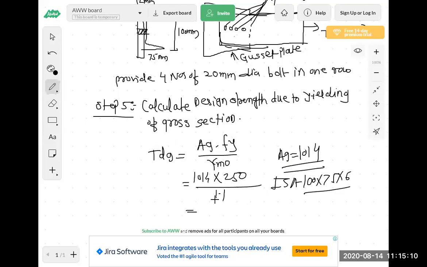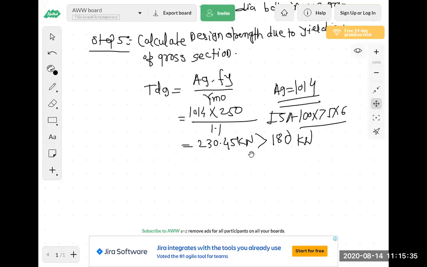Calculate: 230.45 kilonewton. It should be greater than 180.